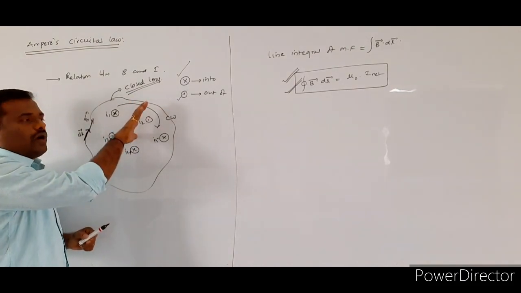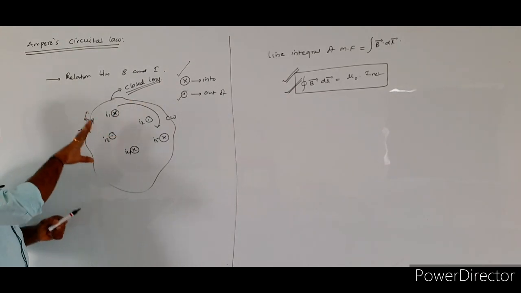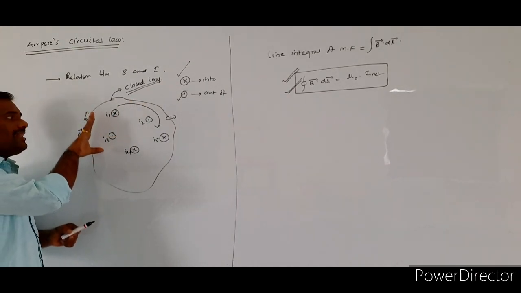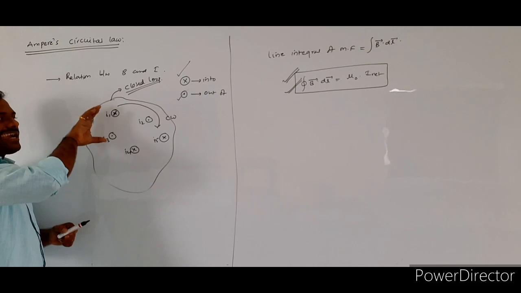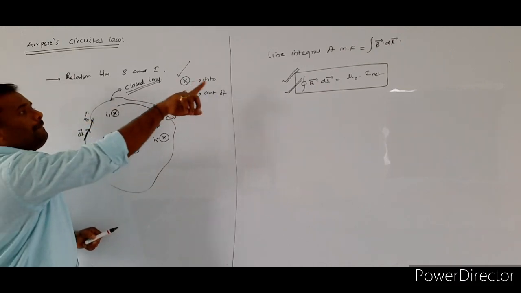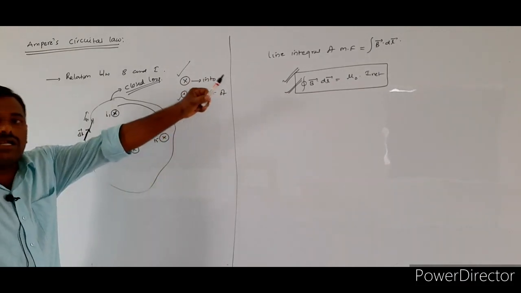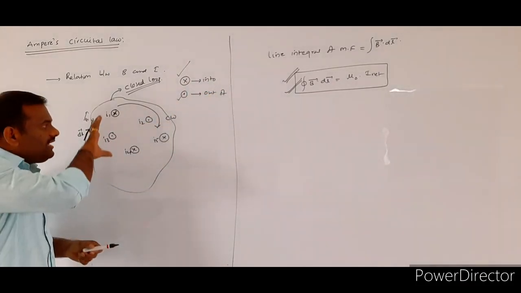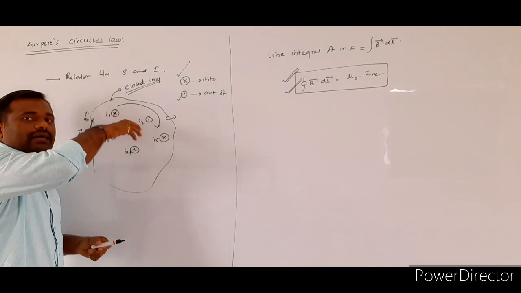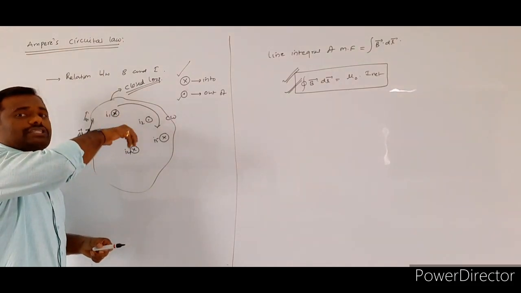This point we have to understand. So, we have to place the fingers in the direction of the dl bar and curl them in the path where you follow to calculate the B bar dot dl bar. That means the fingers will be curled in the direction of the integration.